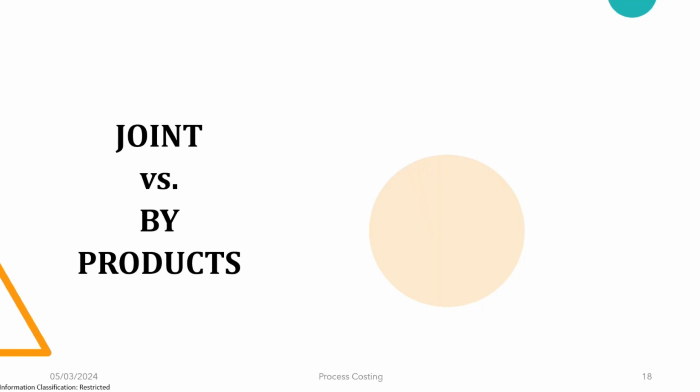And then byproducts. Byproducts, as the name tells, are something extra produced in the process of manufacturing. Different from joint products, byproducts typically have a relatively low value compared to the main products. So the production of byproducts may not be the prime objective, but their sale can contribute to reducing the overall cost of the production process.